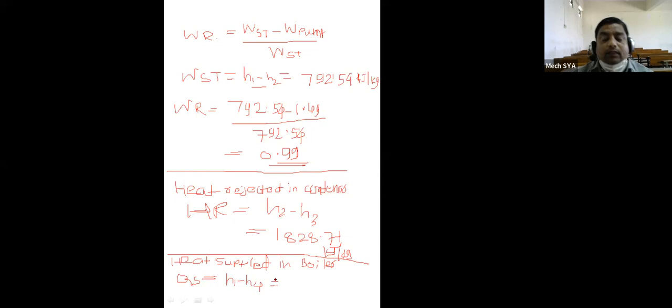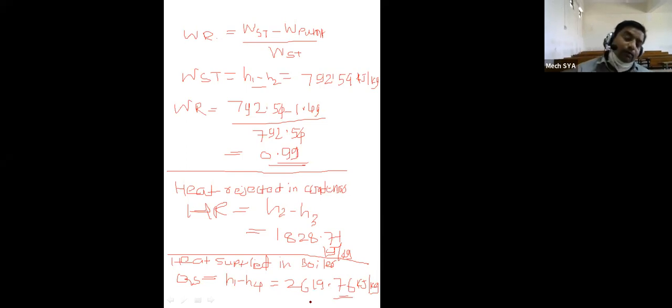H1 we got, H4 we know. That much amount of heat we have supplied in the boiler: 2619.76 kilojoule per kg. This is the heat supplied in the boiler.